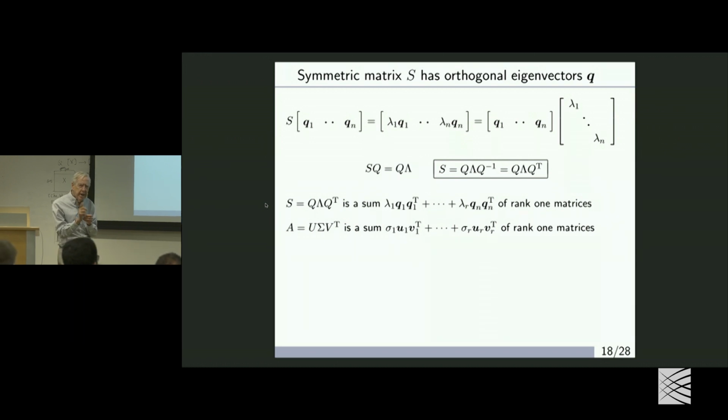The point is that the eigenvalues are wonderful and the eigenvectors are wonderful when the matrix is symmetric. That's why those are the kings of linear algebra. What do we know about the eigenvectors of a symmetric matrix? Those are orthogonal. The eigenvectors are orthogonal. The eigenvalues are real. That's good.